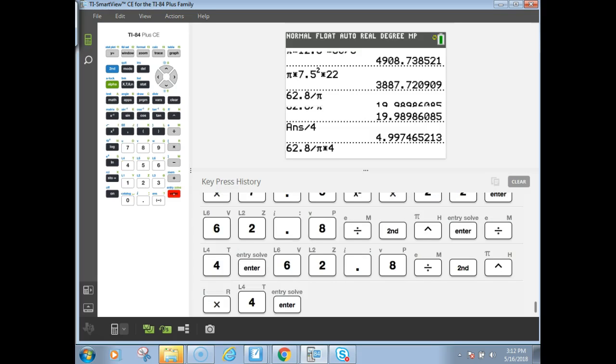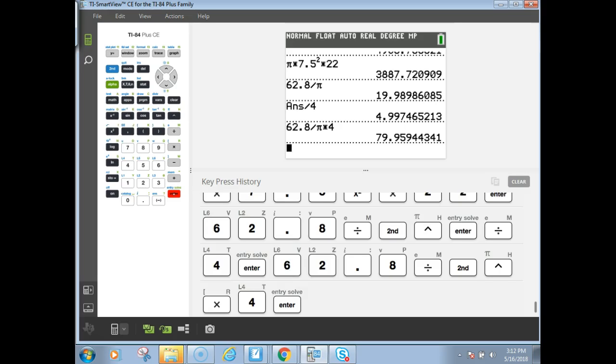It's wrong. And the reason is it thinks you said 62.8 divided by pi, and then multiply that answer by 4. That's what it thinks. It's following the order of operations correctly.